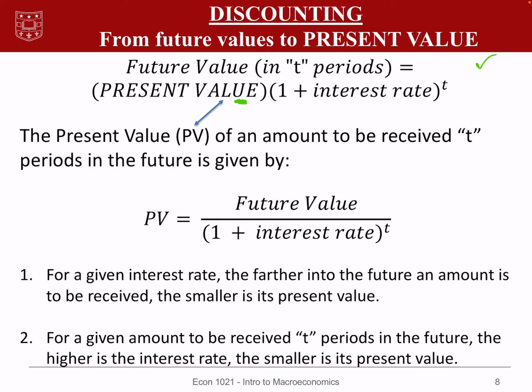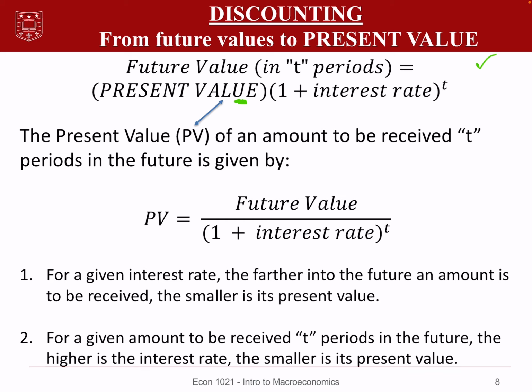So the present value is just flipping this relationship around. The present value of an amount to be received in the future is that future value divided by 1 plus the interest rate raised again to the power of t.